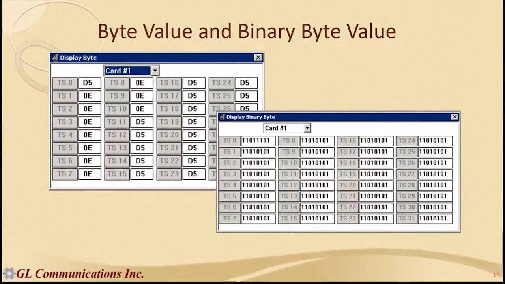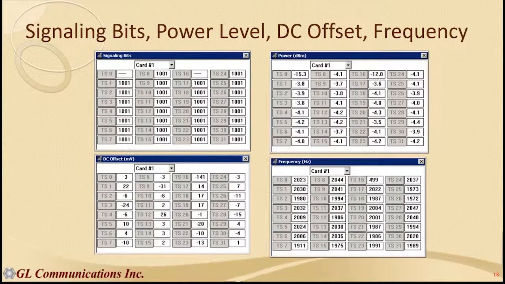Okay, so we talked earlier about the visualization and ability to show a lot of information on the PC screen, and this is one of the ways that we do that. This is byte values and binary byte values, and we can also show power, frequency, and DC offset.